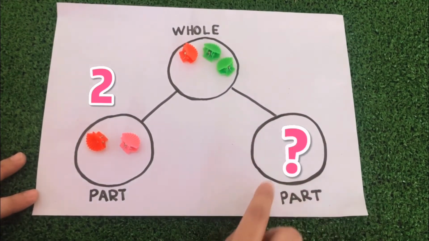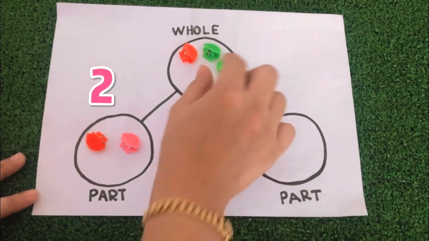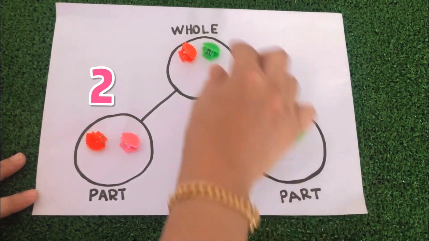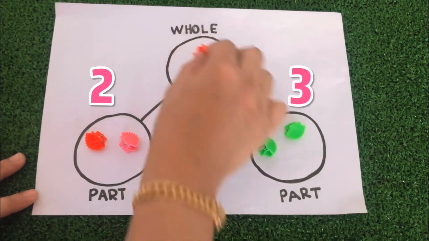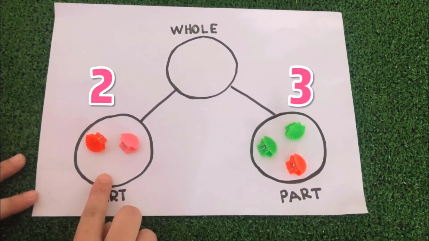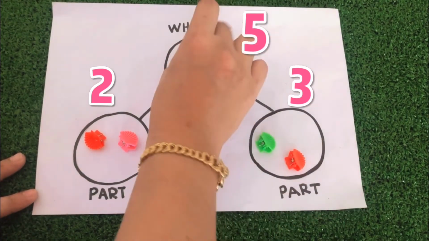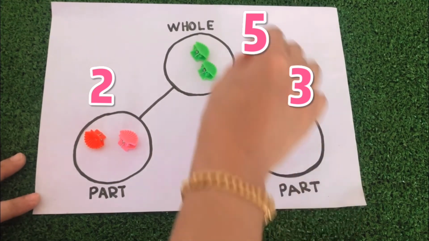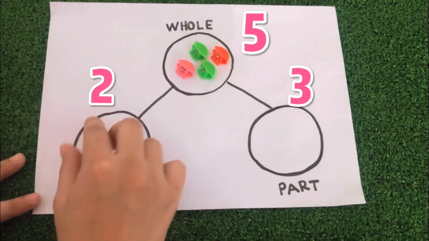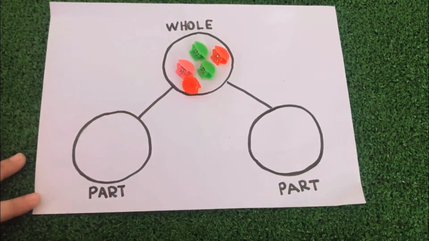So how many are we going to have in this part? 1, 2, 3. 2 and 3 make a whole 5. 1, 2, 3, 4, 5.